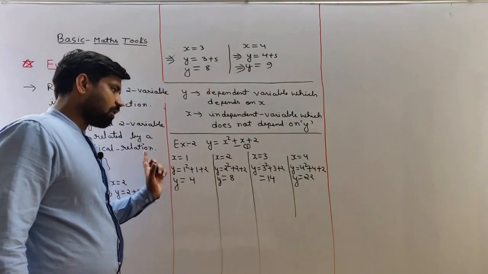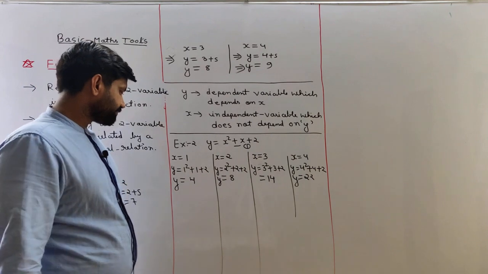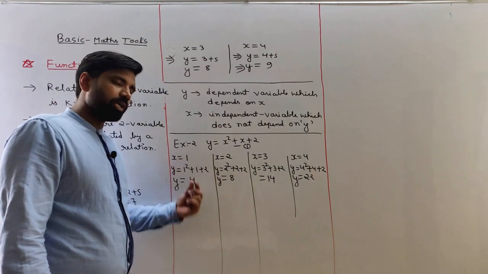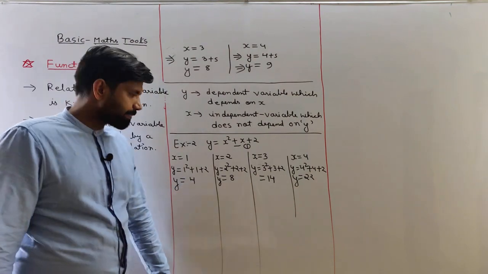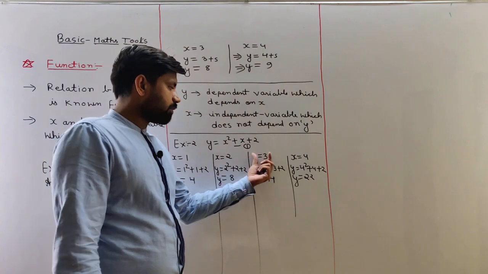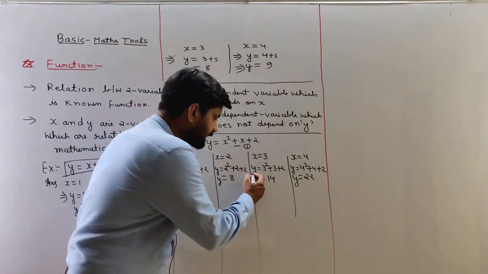So in all these examples, when we put x is equal to 1, we get y is equal to 4. When we put x is equal to 2, we get y is equal to 8. When we put x is equal to 3, we get y is equal to 14.